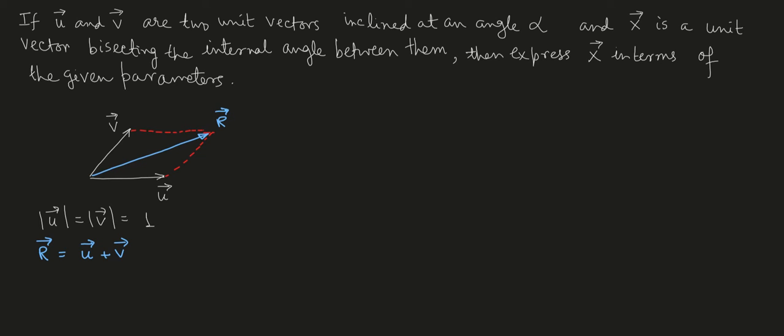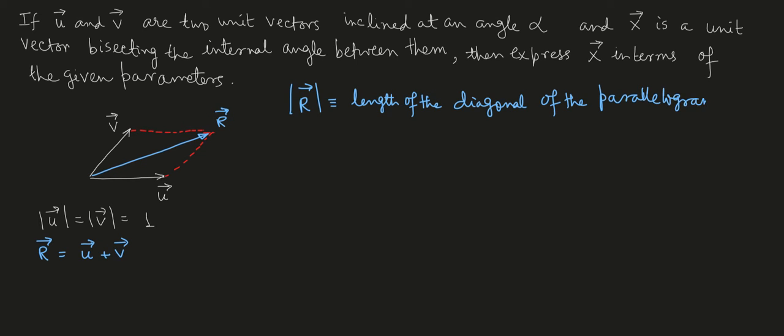But the magnitude of the resultant may not be equal to 1. As you are able to see, how can it be 1? So what is the magnitude of the resultant? The magnitude of the resultant is basically the length of the diagonal of the parallelogram. Now which parallelogram? The parallelogram formed by these two vectors u and v as adjacent sides.